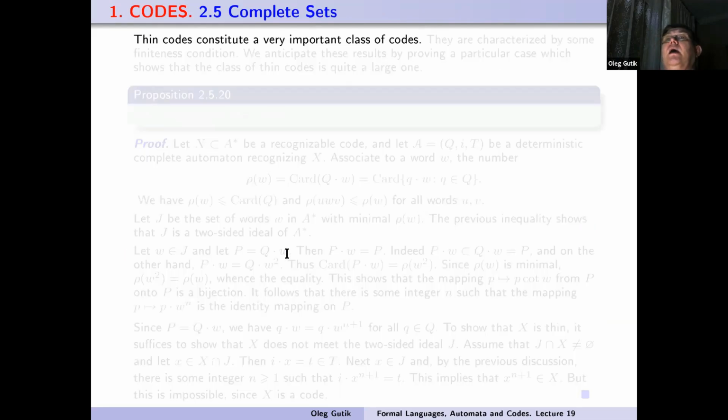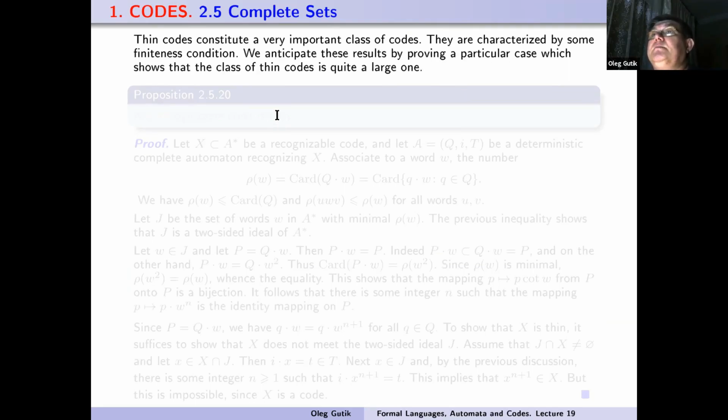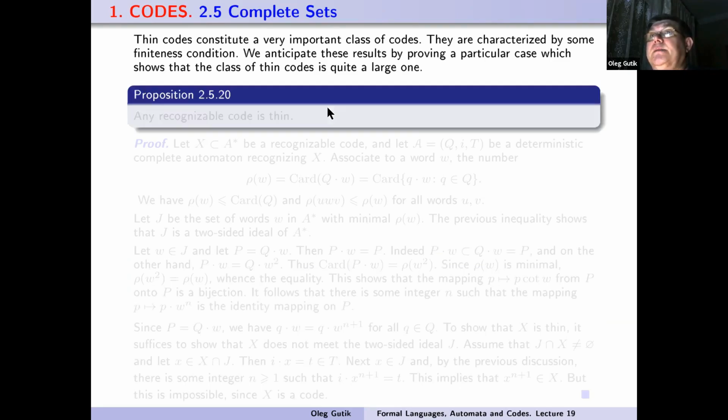Next. Thin codes constitute a very important class of codes. They are characterized by a finiteness condition. We anticipate this result to prove in a particular case, which shows that the class of thin codes is quite a large one. Proposition: any recognizable code is thin.